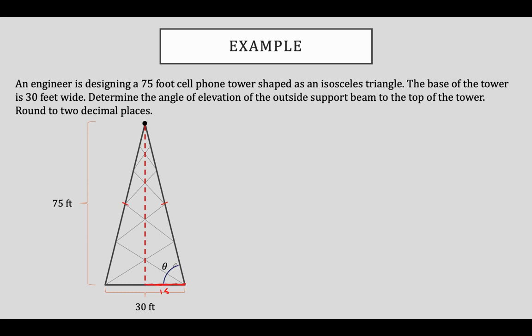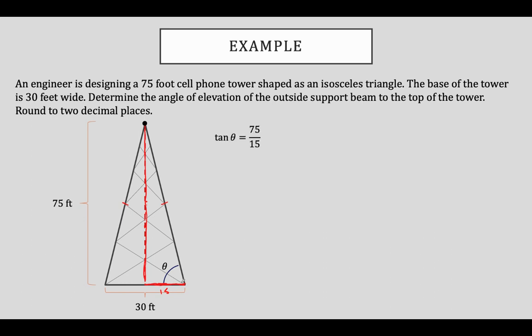Let's think about what we're trying to find here. We're trying to find this angle theta. We know, with respect to our angle theta, this opposite side, and we know the adjacent side. Is there a trig function that relates opposite and adjacent sides? Yes.